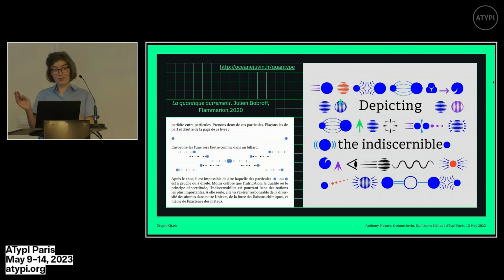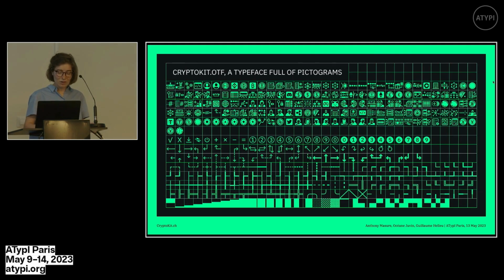That's how I met Anthony Masure to create CryptoKit.otf in the beginning of 2022 to build a typographic system to explain blockchain technologies.